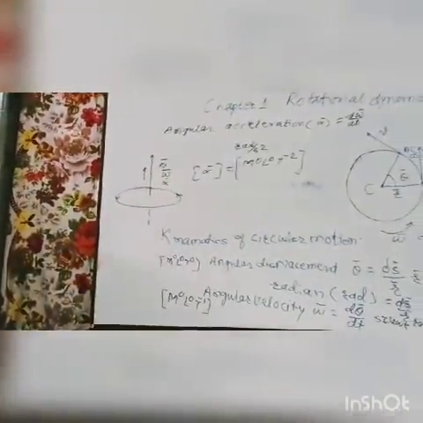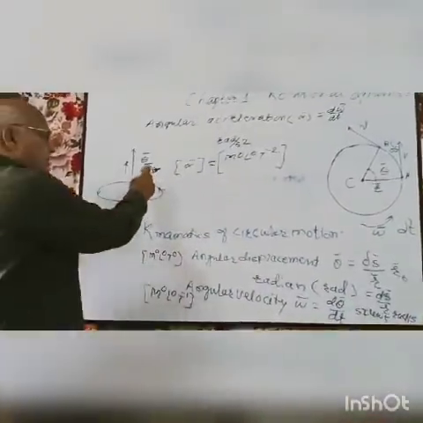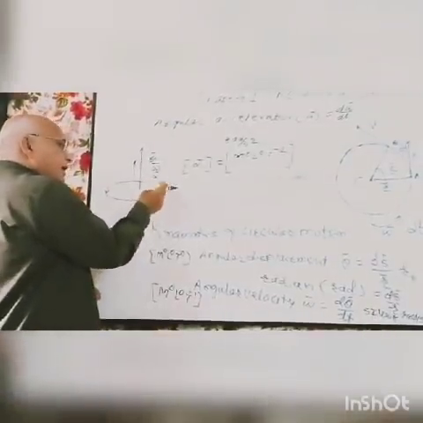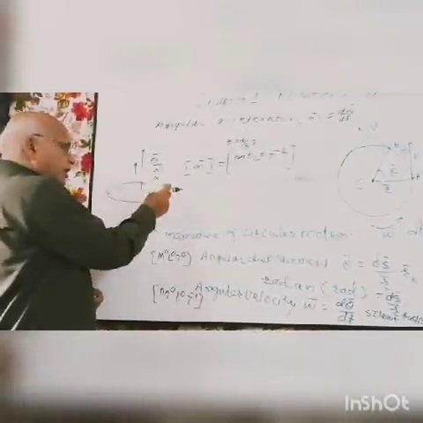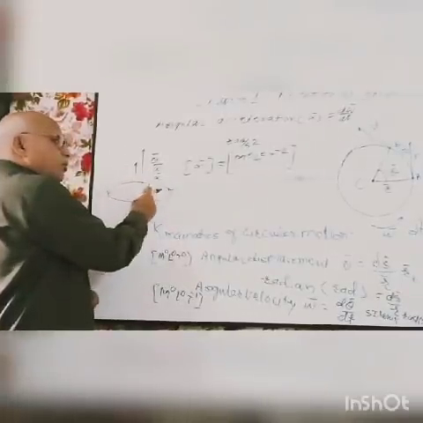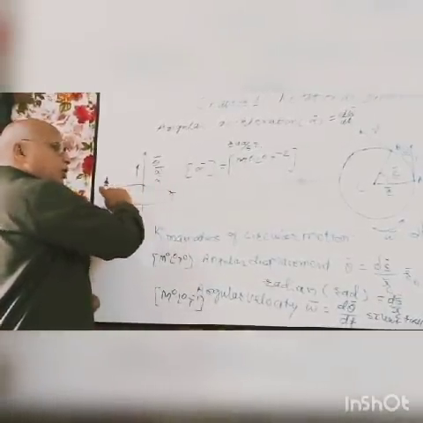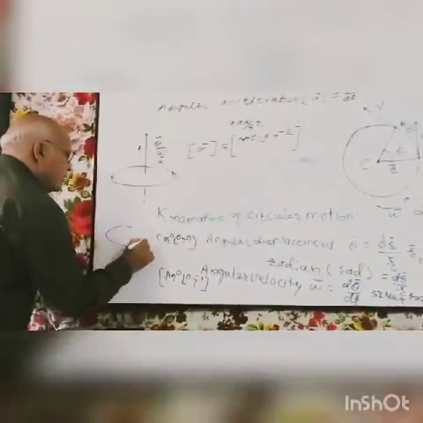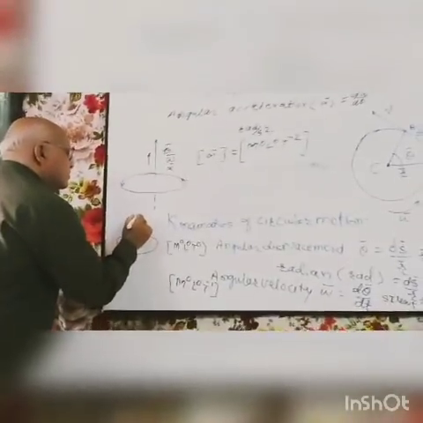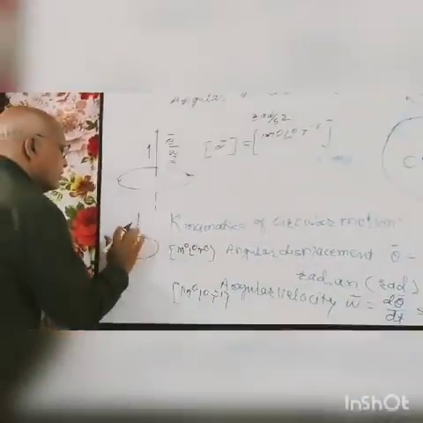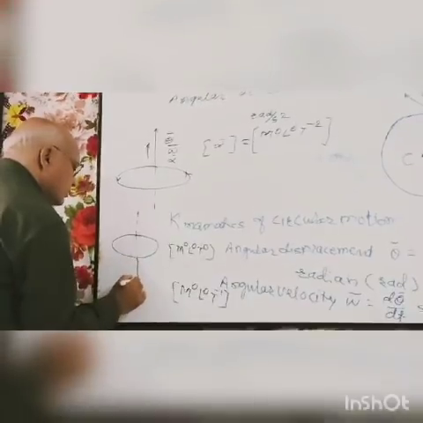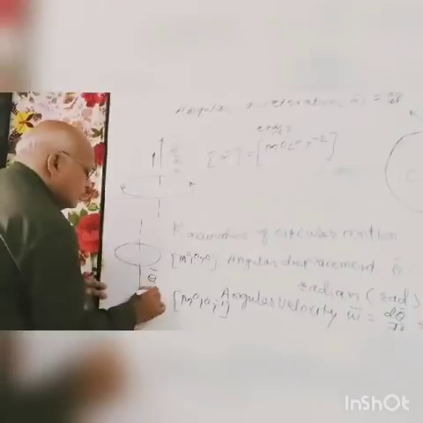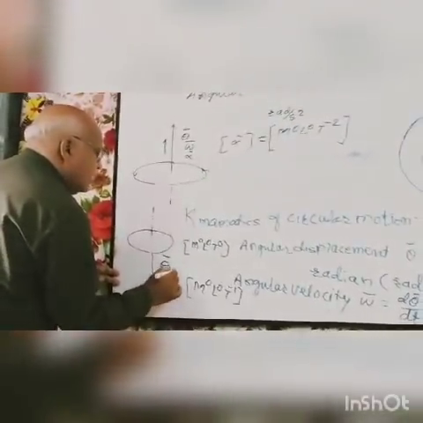Depending upon the sense of rotation, these vectors change their direction. For example, here the rotation is in anti-clockwise direction. If this body or object is revolving or rotating in a clockwise direction, then the direction of these vectors, that is theta, omega and alpha, will be downward.